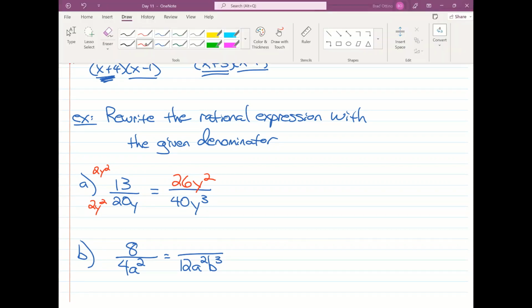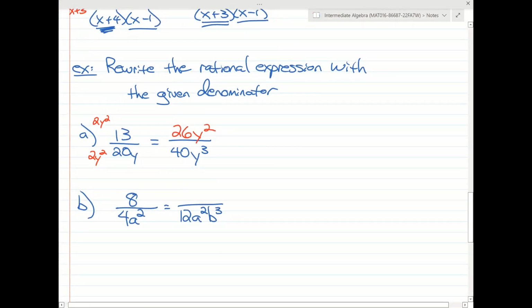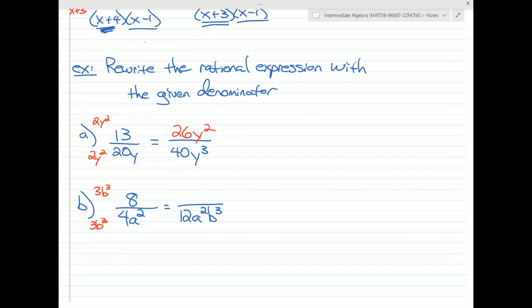We would definitely have to multiply by 3 to get 12, and we'd have to multiply by b to the third. So I'm going to do 3b to the third on the top and bottom. And we get 24b to the third over the bottom, which is what we wanted.